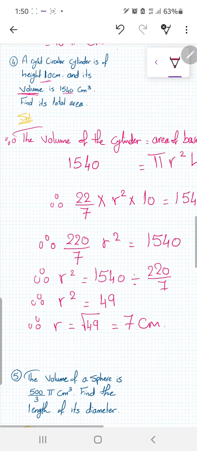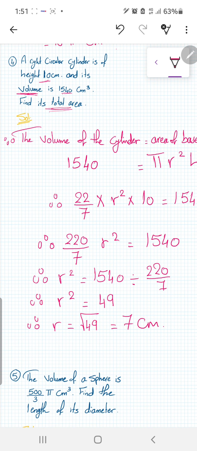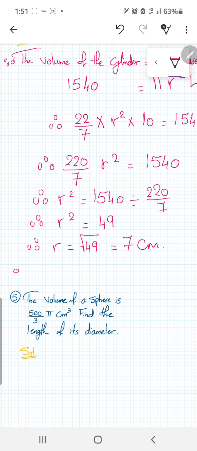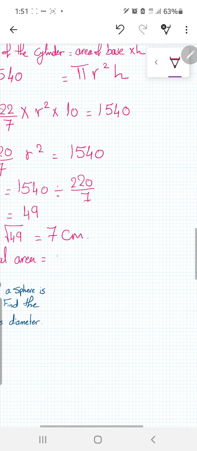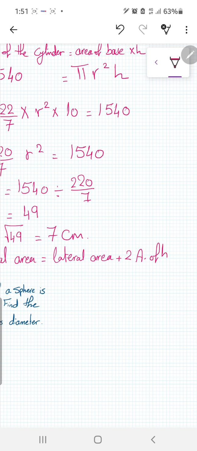Okay, find its total area. The total area equals lateral area plus 2 area of base. Lateral area here is perimeter times the height. So perimeter or circumference 2πrh plus 2 area of base πr squared.